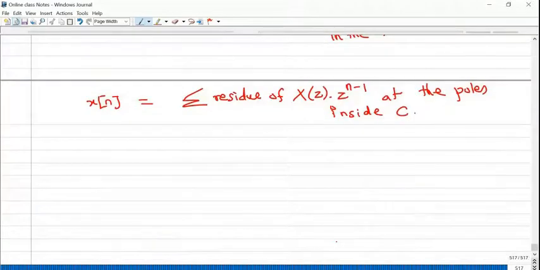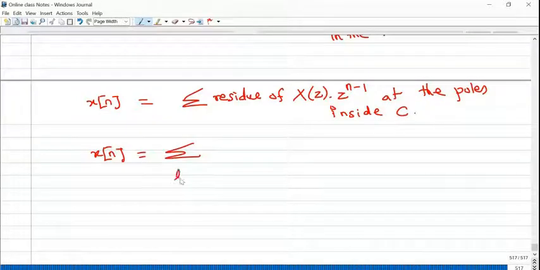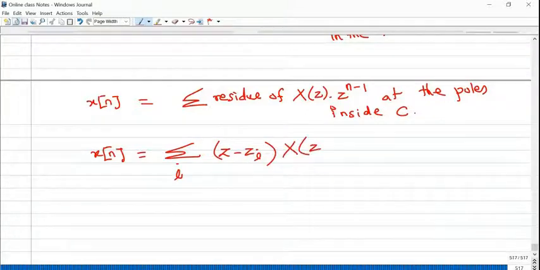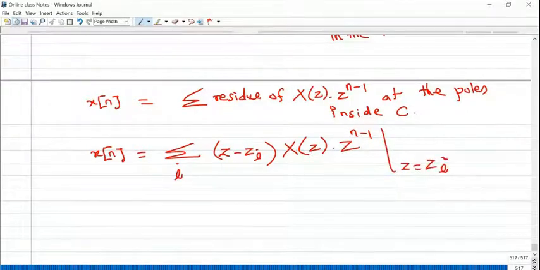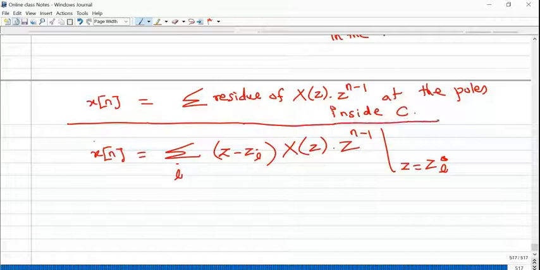Or mathematically, if you represent this concept, x of n equal to summation of (z minus zi) into X of z, z power n minus 1, at z equal to zi. So this is the standard formula we are going to use for finding the inverse Z transform from the given X of z.